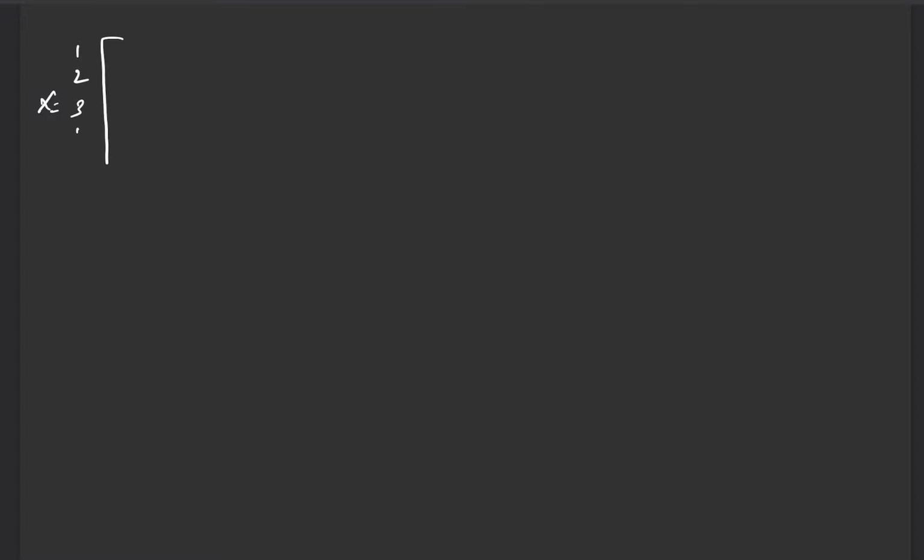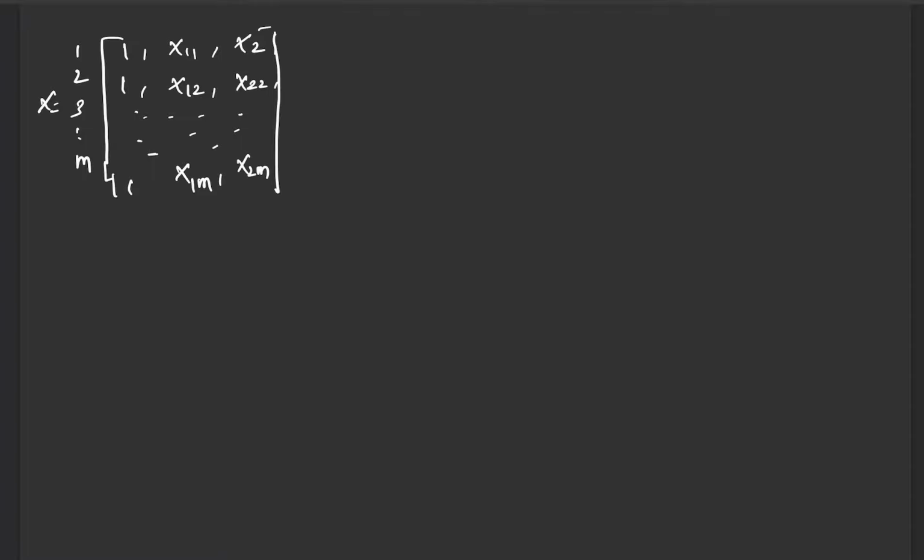I have m observations, that means m samples of training data, and I have x1, x2 for the first record, and similarly for the second record, and we can move forward and create features like this up to xm1, xm2.